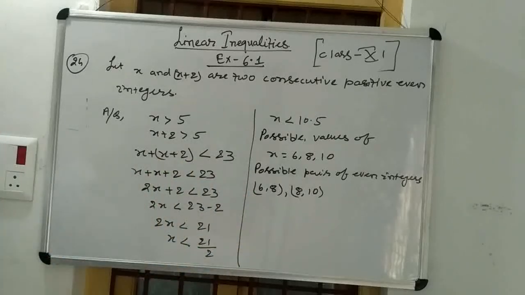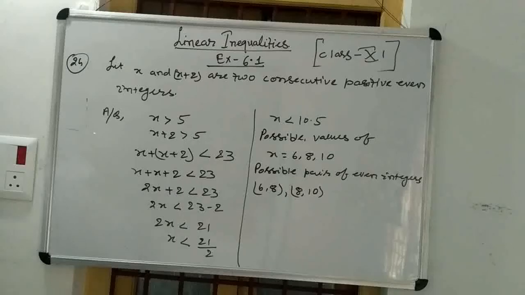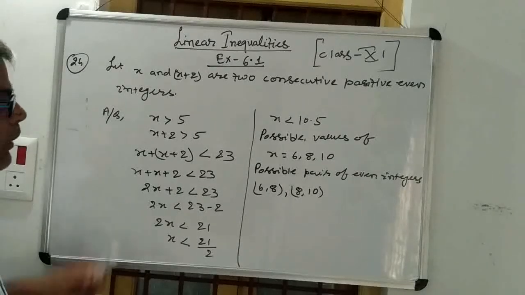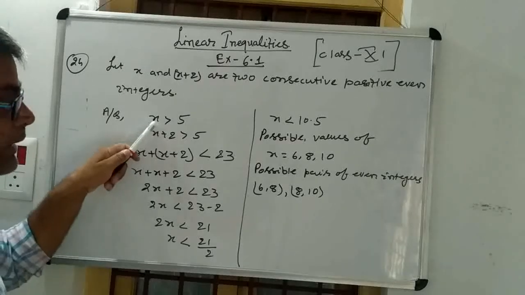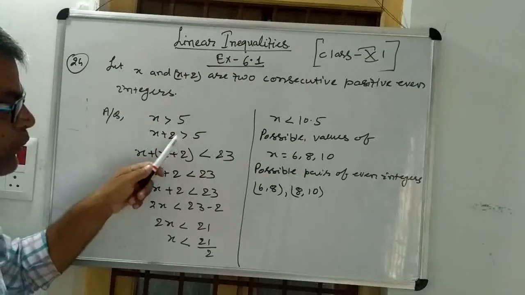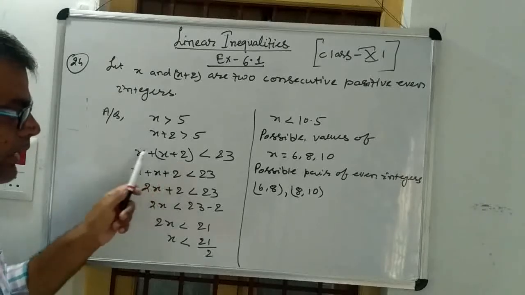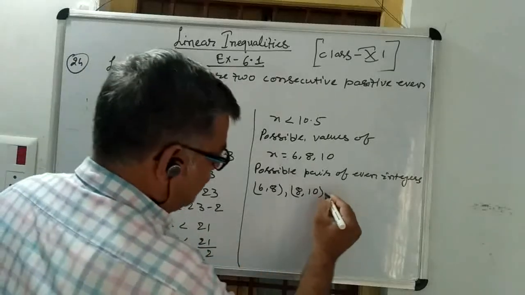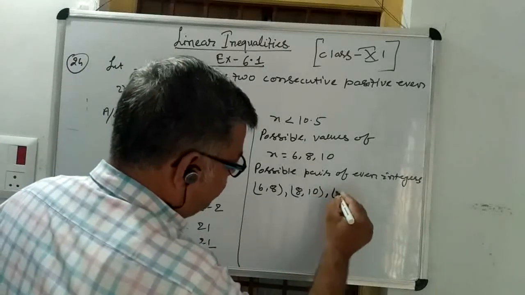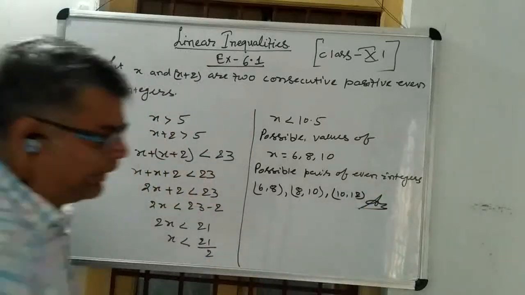Now you check when you take the value 10. 10 is greater than 5, correct. 10 plus 2 is greater than 5, correct. 10 plus 12, that is 22, is smaller than 23, it is also correct. So another pair of solution will be 10 and 12.